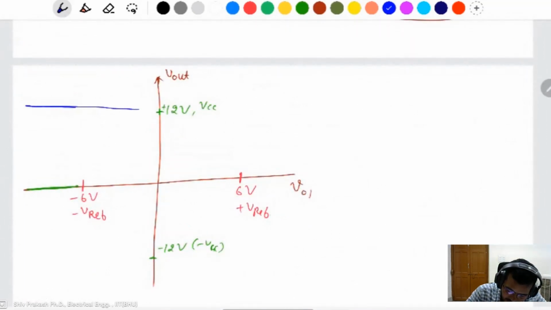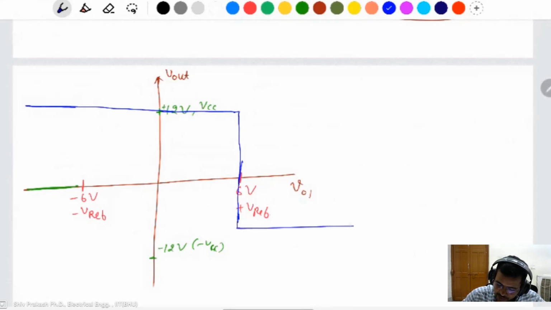It will stay positive till plus 6 volt does not come. After the 6 volt, this will be a negative of 12 volt.